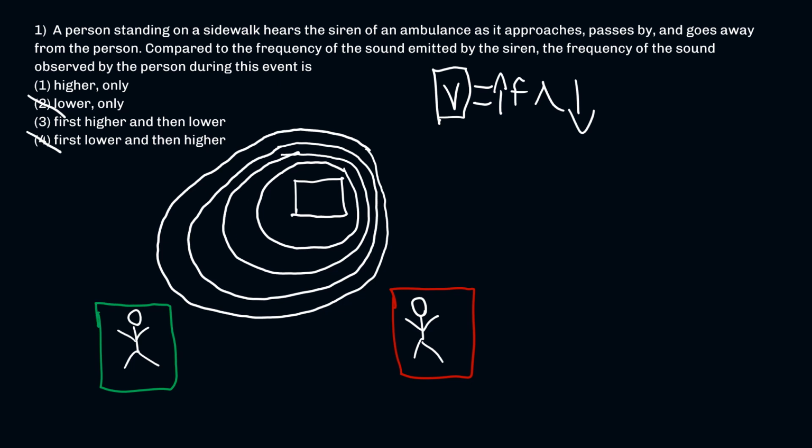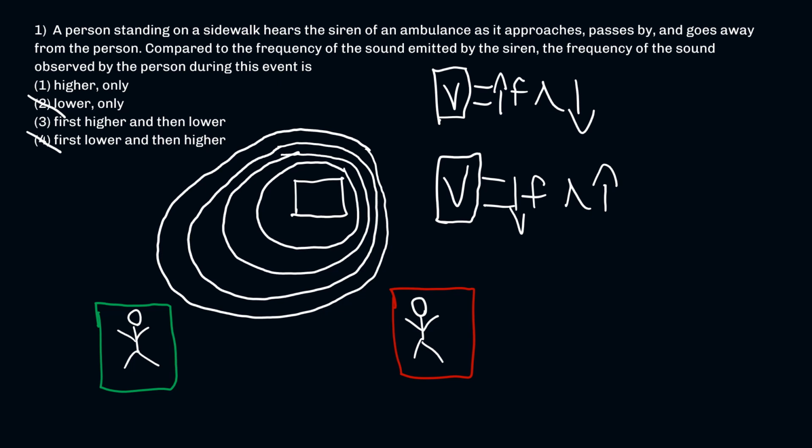As the ambulance moves past, the wavelength gets larger and larger. So looking again at my wave speed equation, v = fλ, my velocity is going to be a constant. So now if my wavelength is going to increase, my frequency then must decrease.